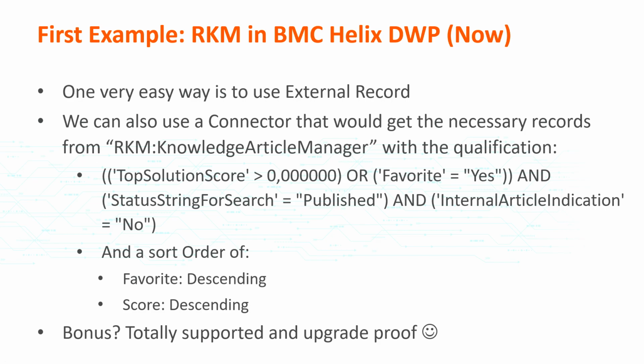Well, we actually saw that it was working, because in the example I presented to you earlier, I showed you how to get the knowledge articles coming from my German server using external records. So we have a view that contains knowledge articles.